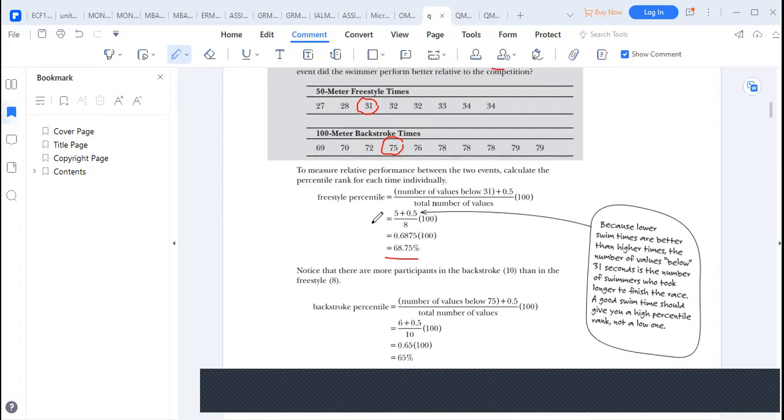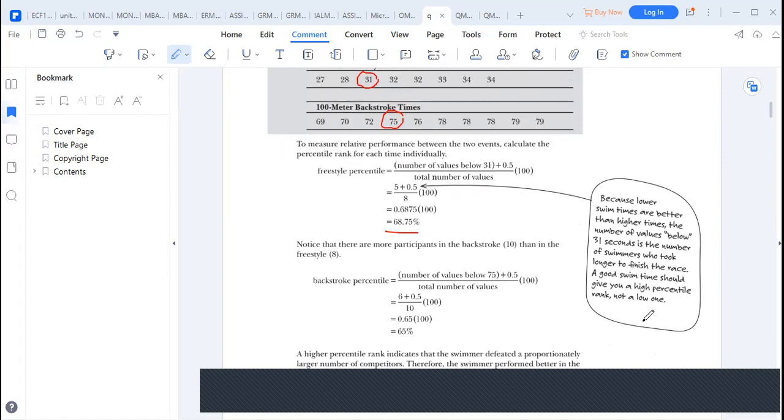So here we're told that because the lower swim times are better than the higher, the number of values below 31 is the number of swimmers who took backstroke to finish a race, and a good swim should give a high percentile. So here, below 75, and the total number of values, we have 1, 2, 3.